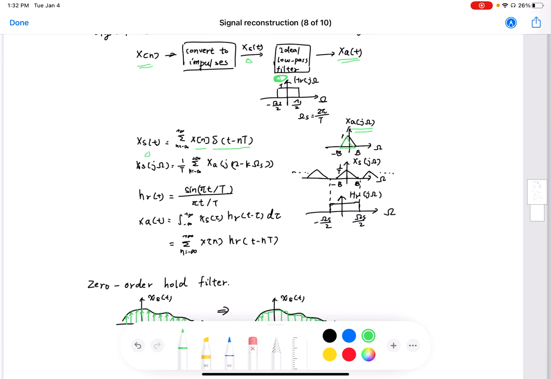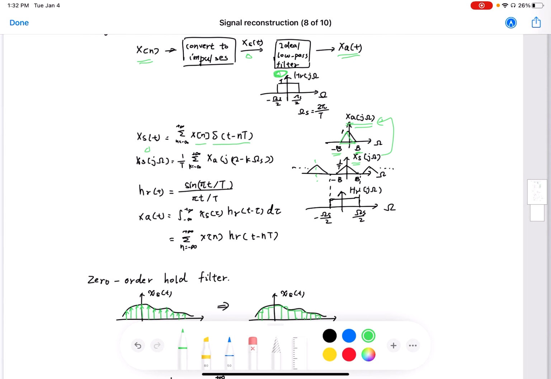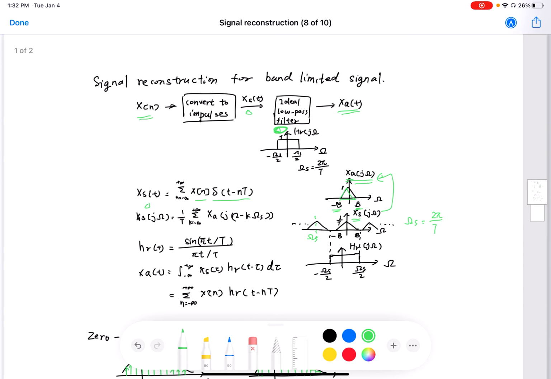The bandwidth of the signal is from minus B to B. The spectrum associated with xs is just xa repeated and shifted by multiples of omega s. Here omega s is equal to 2 pi over T, and T is the sampling interval.